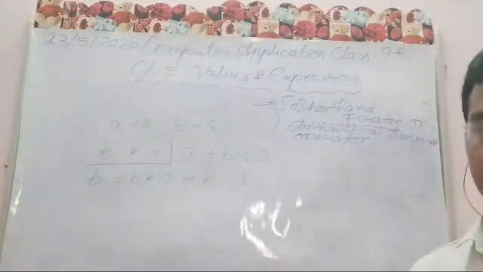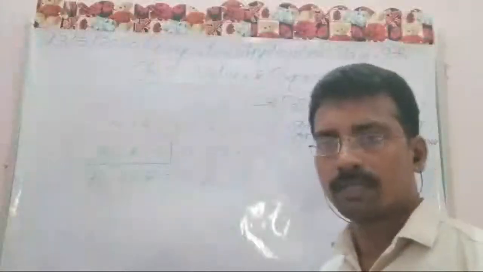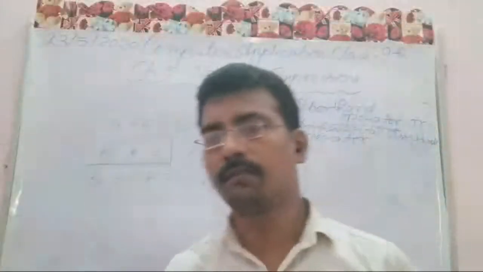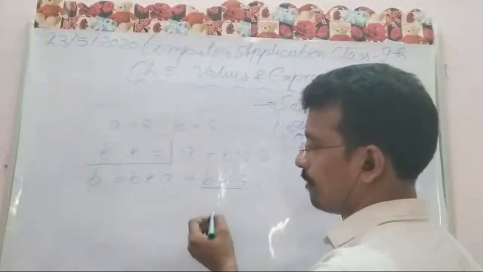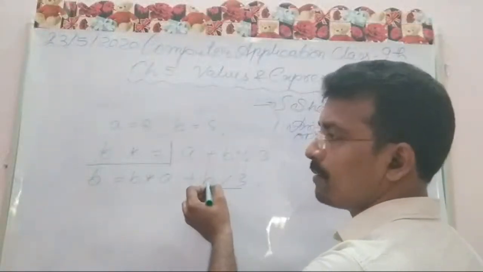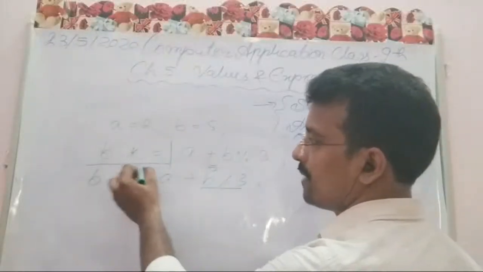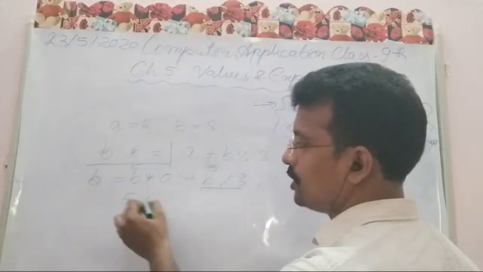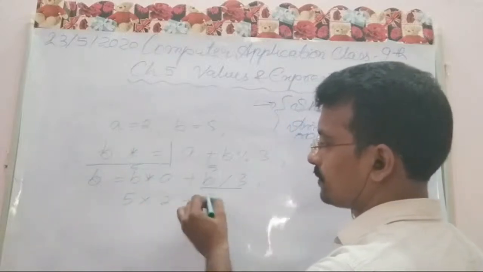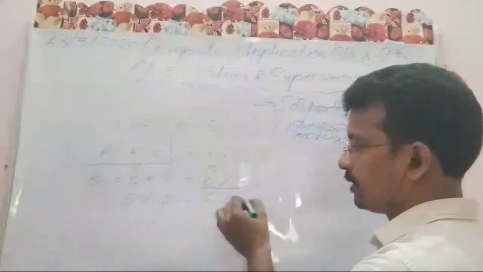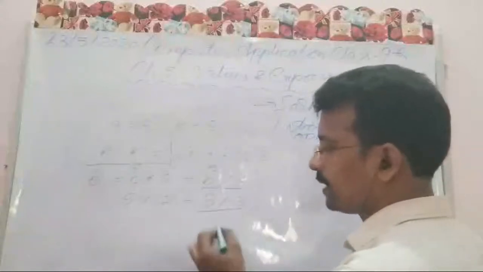Now this is the expression. How you will perform it on the system, you will write the same way. But how the system will perform it, we have to follow the steps. In the first step, we will perform this. What will be the B value here? 5. So 5 into 2 plus 5 mod 3. Now this will be done first.